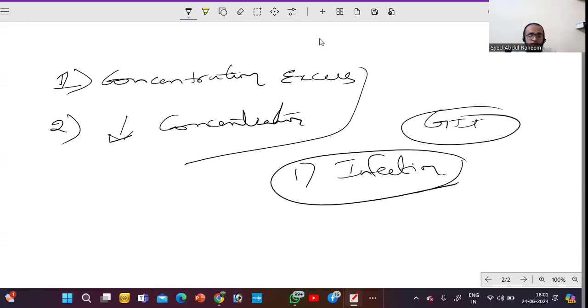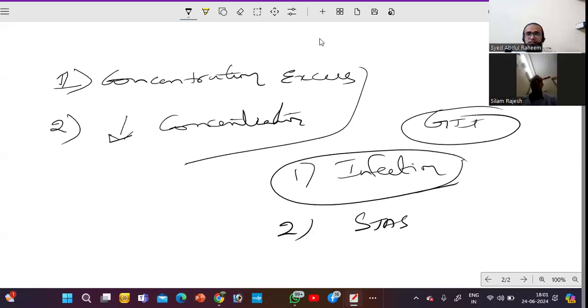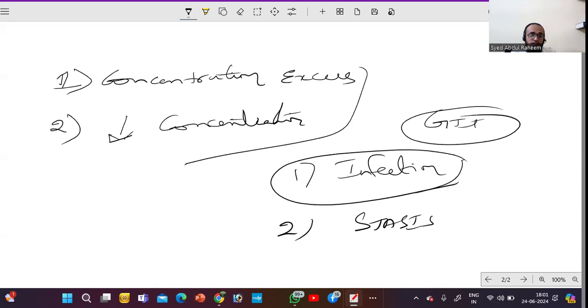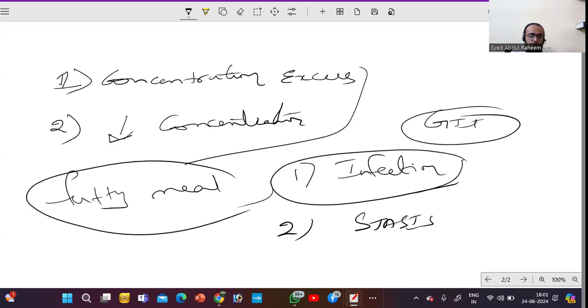The second reason is stasis. What is meant by stasis? Stasis means whenever you eat food, you are taking a fatty meal, but the amount of bile juice is not enough to digest this fatty meal.